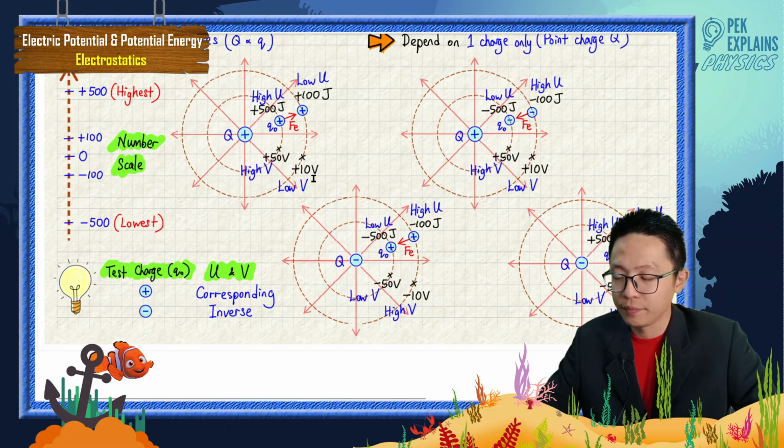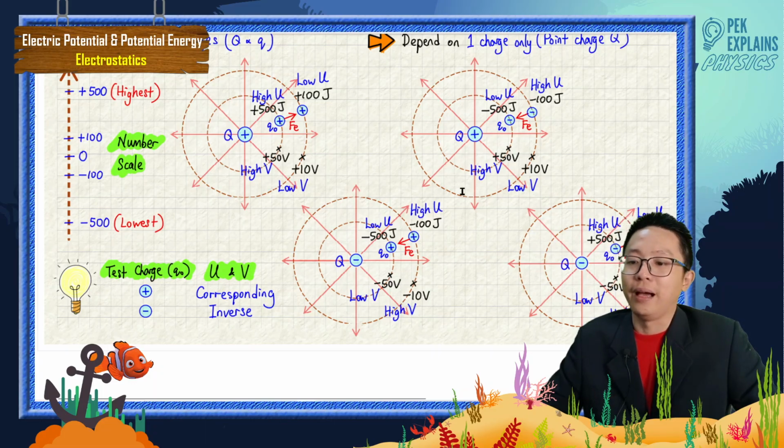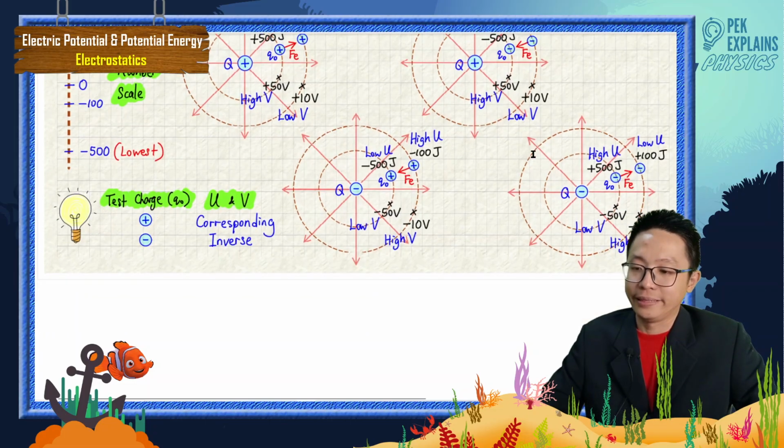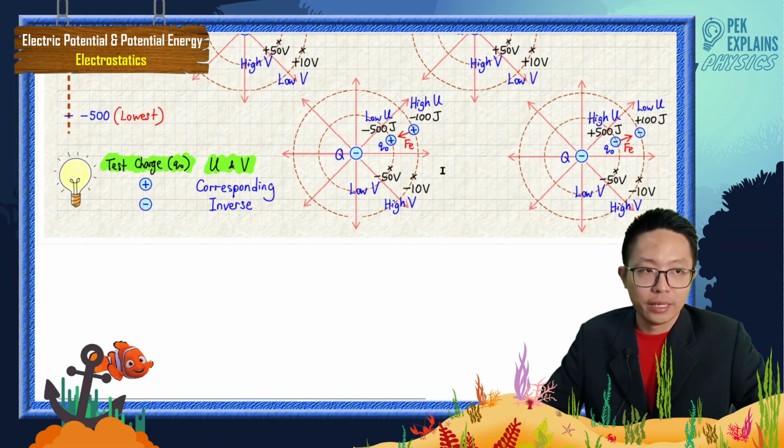Of course positive 50 is bigger than positive 10. So we can say positive 50 is higher potential, positive 10 is lower potential. Same as this one also, higher potential here, lower potential here. But look at this one.